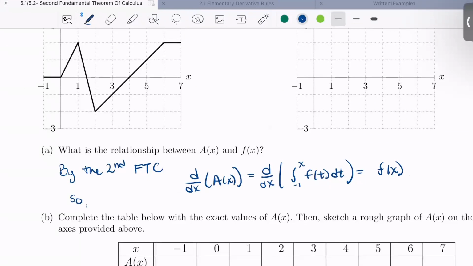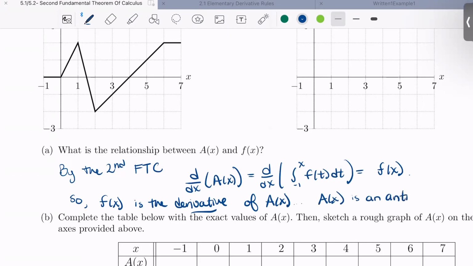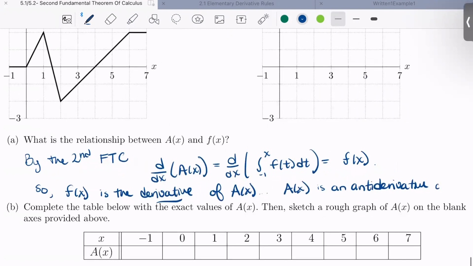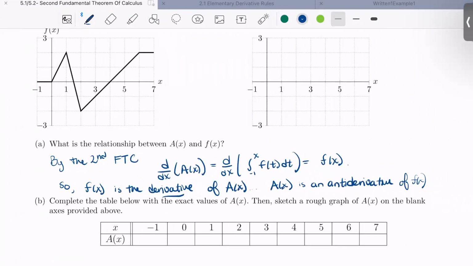In other words, we can say f of x is the derivative of big A of x. In other words, A of x is an antiderivative of f of x. Here we're just practicing using the statement of the second fundamental theorem of calculus and practicing some of our new vocabulary, antiderivatives.